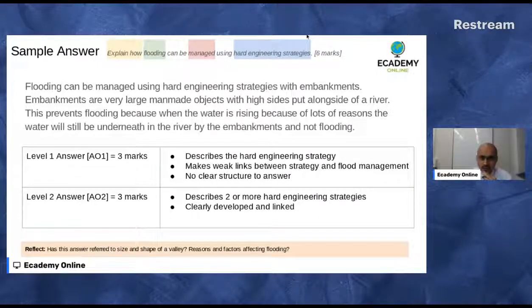If you get ahead, you can just let me know in the chat what mark you think this answer deserves. So once you've had a read, just let me know if you think it's a level 1 or level 2 answer.